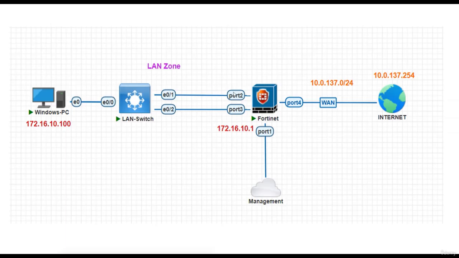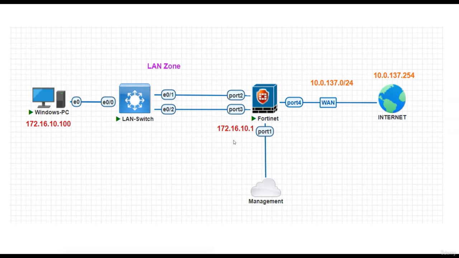However, one will be active at a time, and if the active link goes down, only then will the second link come into the picture. In an aggregate link, both links are active at the same time, and traffic can be handled on both links, so it helps us enhance the bandwidth between devices, and it provides redundancy as well.